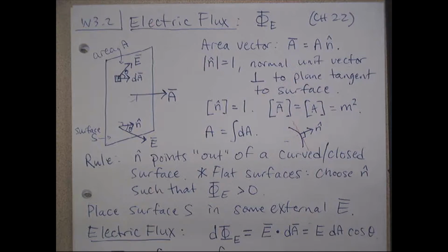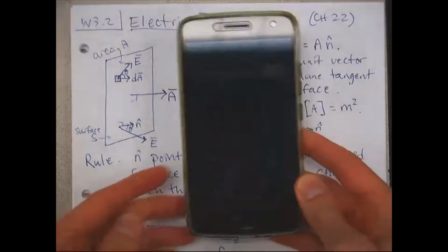The electric flux is defined as the dot product of the electric field vector at some location with a dA vector at that location. When we discuss flux, we're thinking about a surface, say the surface of your phone.